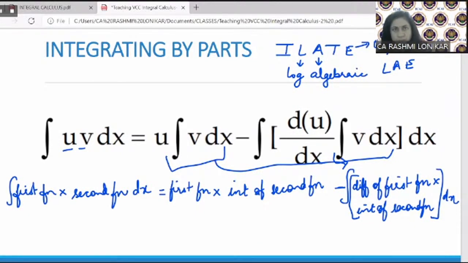What is the rule that we have to follow? We have to follow Eilert rule, but we don't talk about I and T here. We only need to know LAE. We need to remember this order LAE. So L stands for logarithmic function, A stands for algebraic function, and E stands for exponential function.